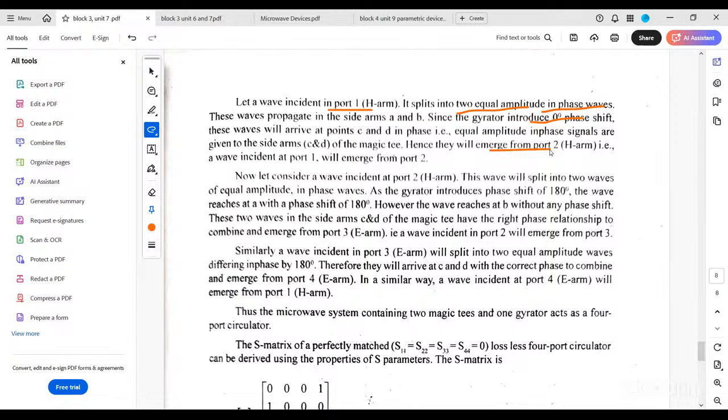Now you check whether it is 180 degrees or 0 degrees phase shift. A wave incident on port 2 going to port 3 produces 180 degrees phase shift, which means it is traveling in the downward direction. Understood? Suppose the wave is incident on port 3.